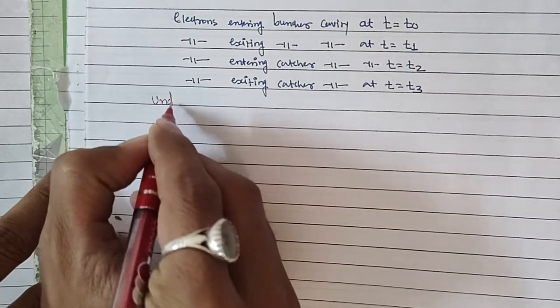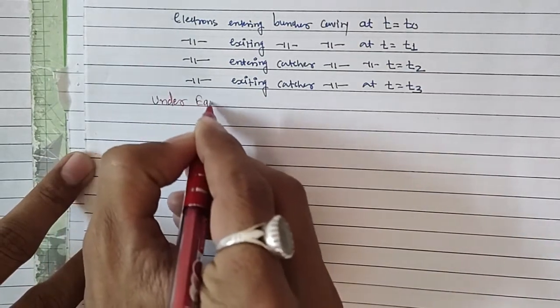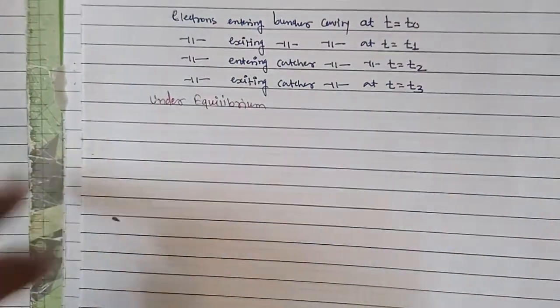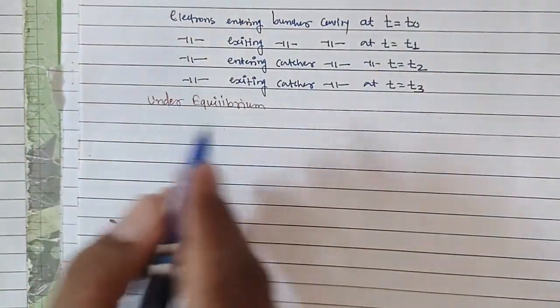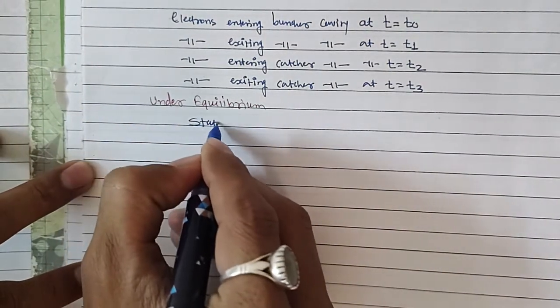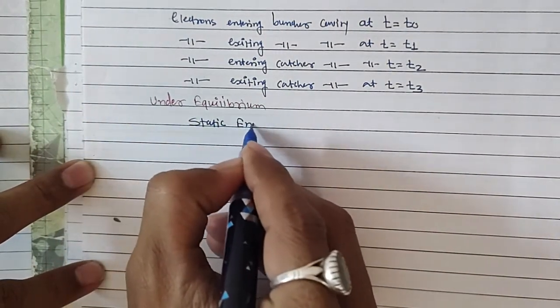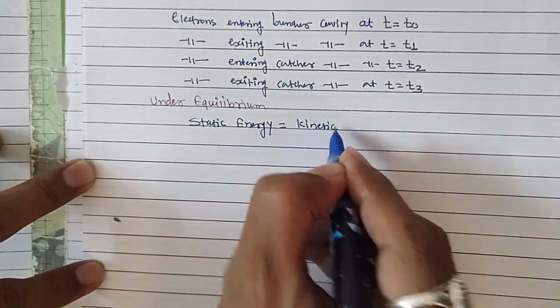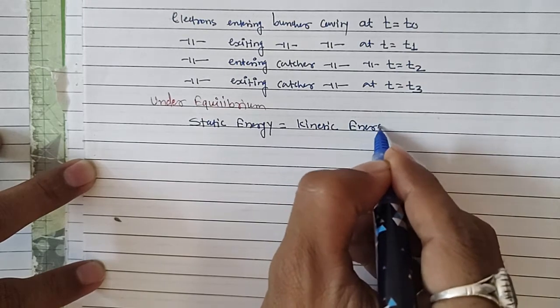So that is our flow. We will start with this V0. Under equilibrium, static energy is equal to kinetic energy.